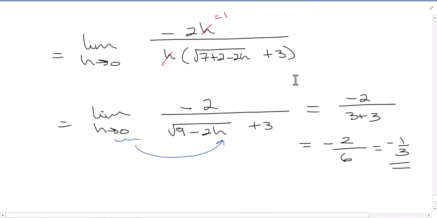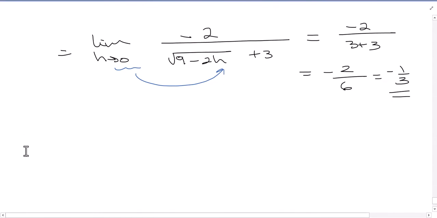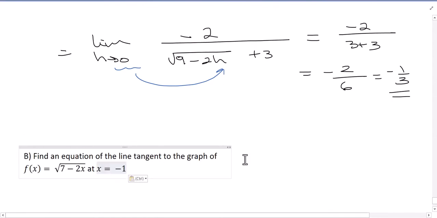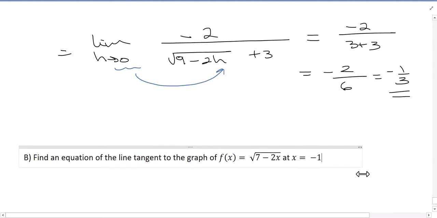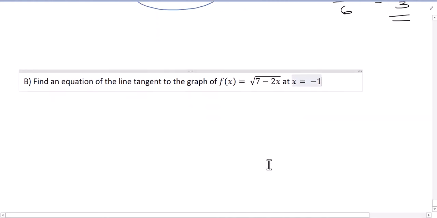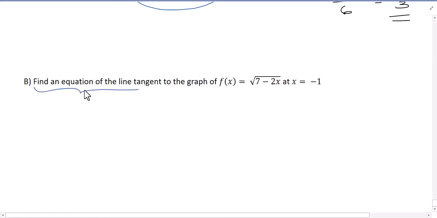Since we already found the slope, we just really need to put it together into the equation of the line. How do you find the equation of a line? As soon as you see that your task is to find an equation of the line, then we should write ourselves our way of finding the equation of the line, the point slope form.